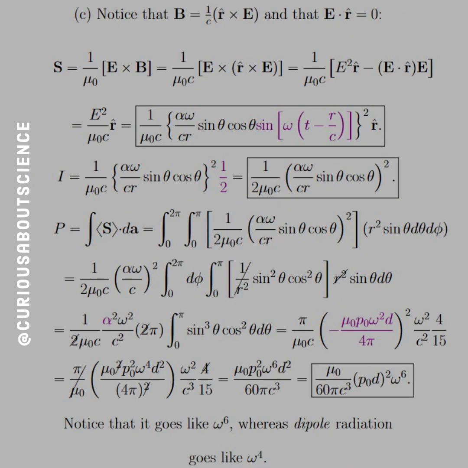Okay, so finally, for part C, we notice that B is equal to 1 over c, r hat cross E, and that r hat dot E goes to 0. Notice that it goes to 0 because we don't have any component in the r hat direction. So take that cross product, substitute in the definition for B, and we see that we have a triple product there that we use BAC-CAB for.